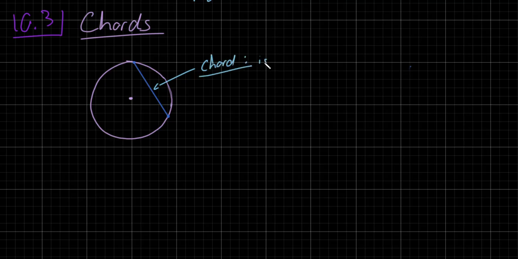The chord is a segment whose endpoints are on the circle. That's the whole definition of a chord.